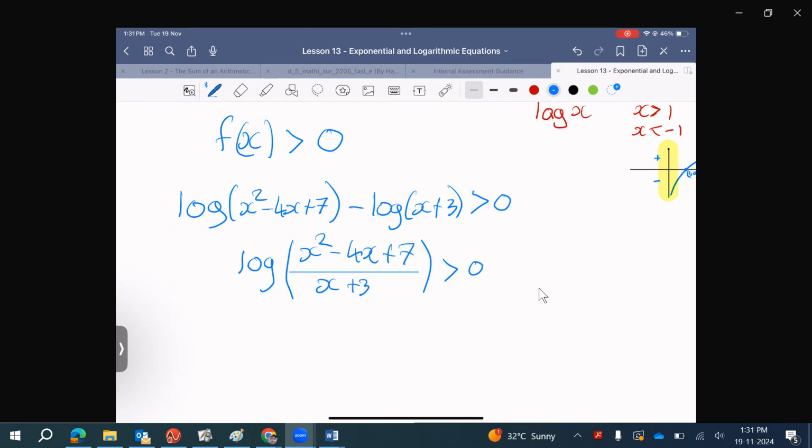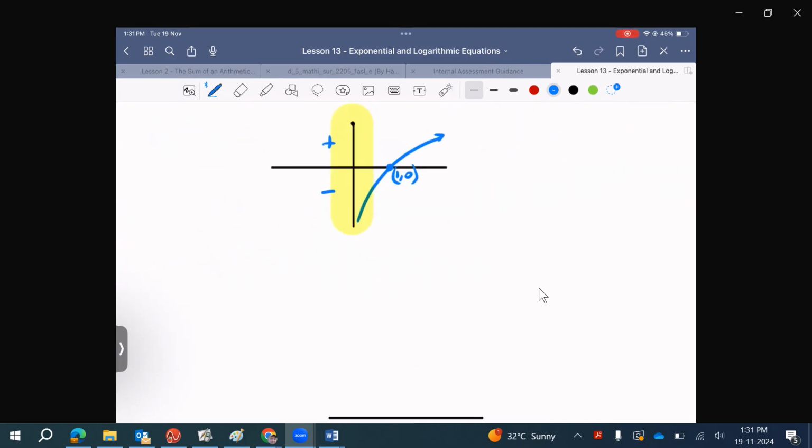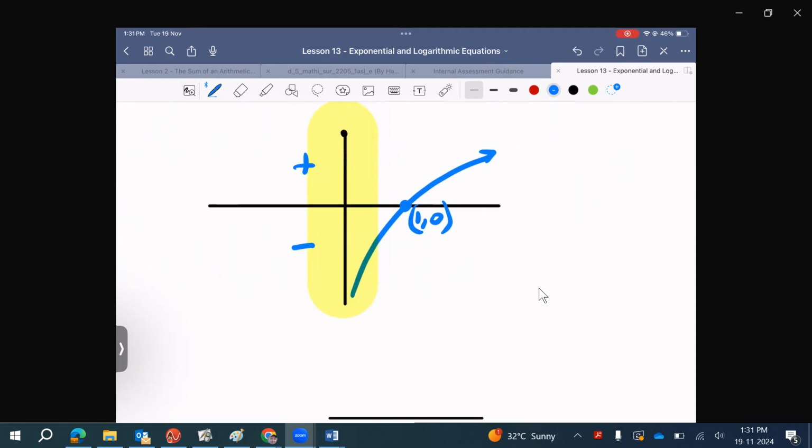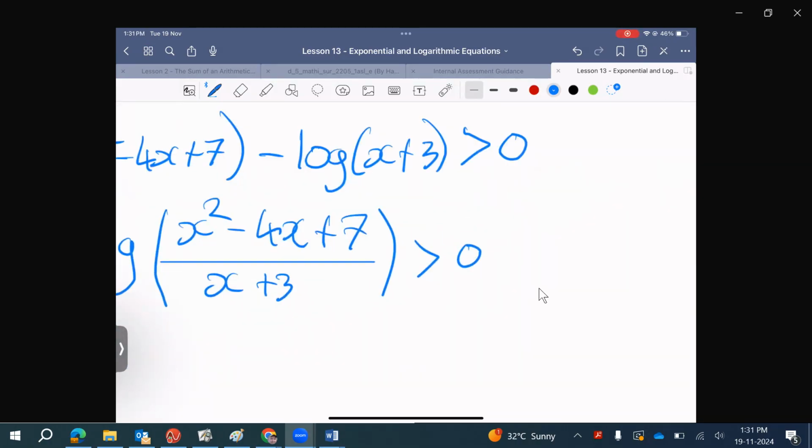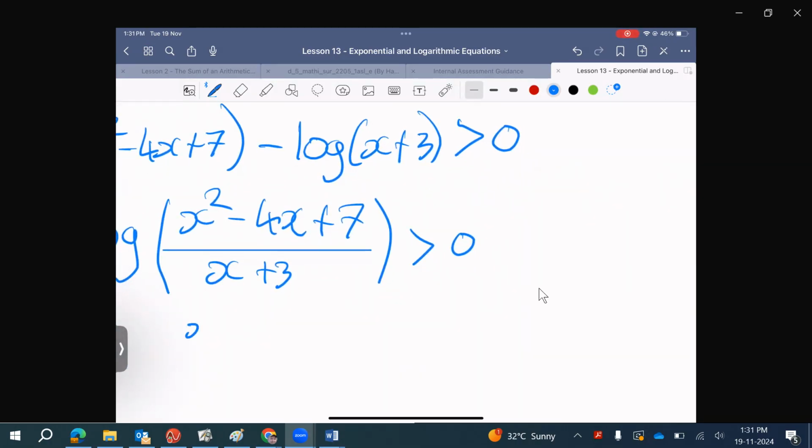So when is a logarithm function greater than 0? Well, when the x value is going to be bigger than 1. So that means that for this expression here, x squared minus 4x plus 7, we want to look to see where it will become 1.